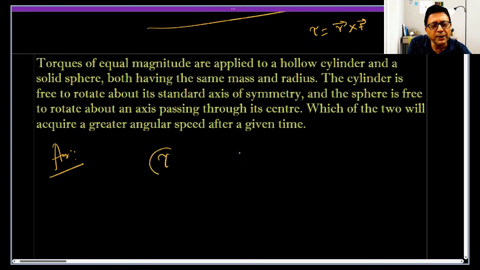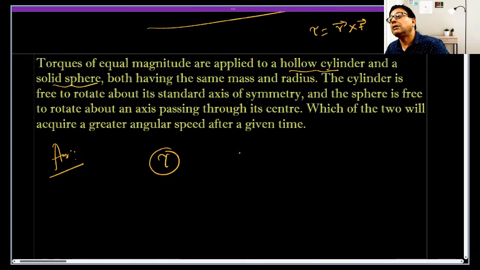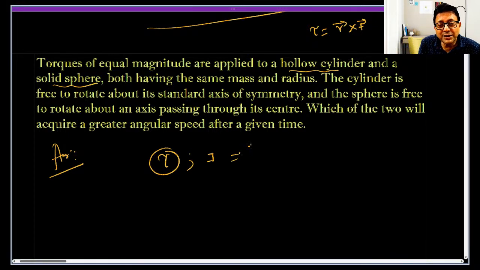Torque tau applied on a hollow cylinder and a solid sphere. Hollow cylinder, I equal to m r square. So many problems, try all.